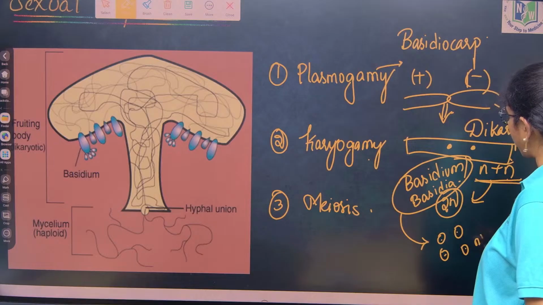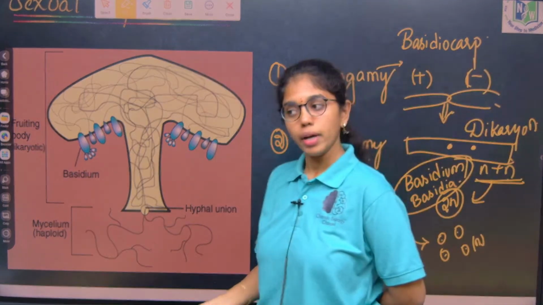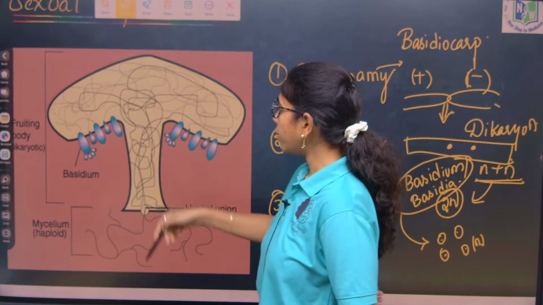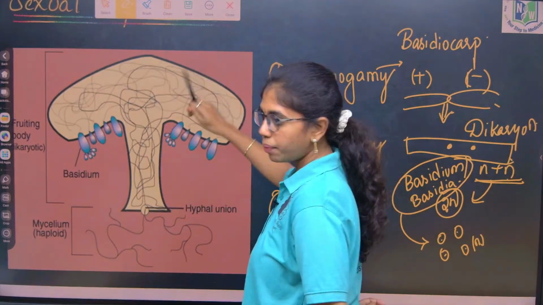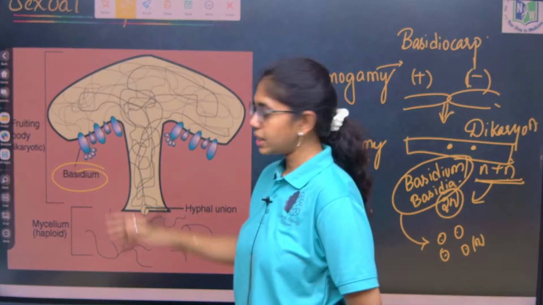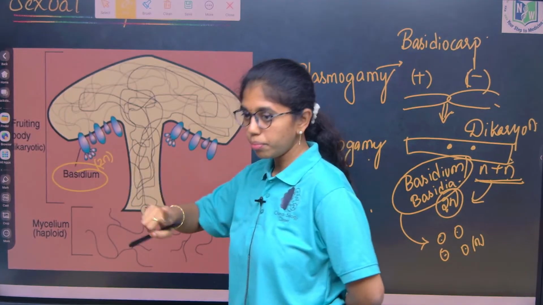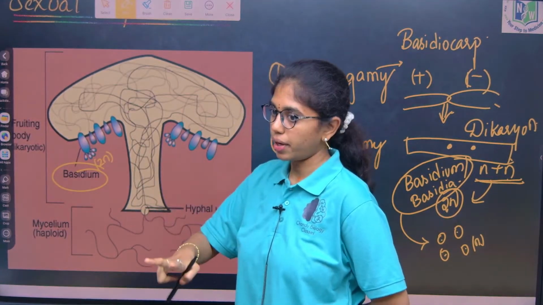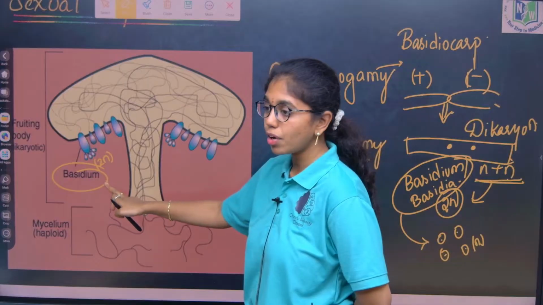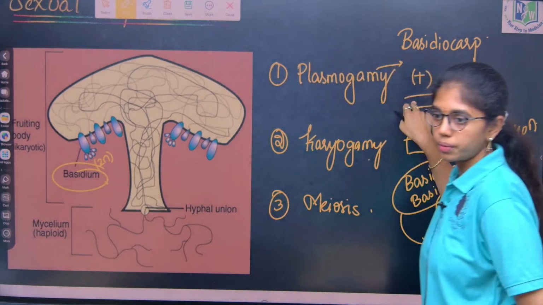Each spore is haploid, falling onto a suitable substratum and developing into a new individual. Here this is the basidiocarp, and this is the basidium. Basidium or ascus is diploid, because those are the sites of meiosis, formed after gametic fusion.